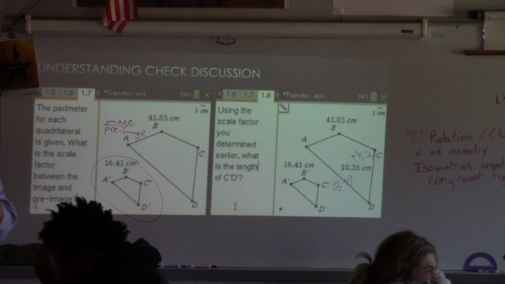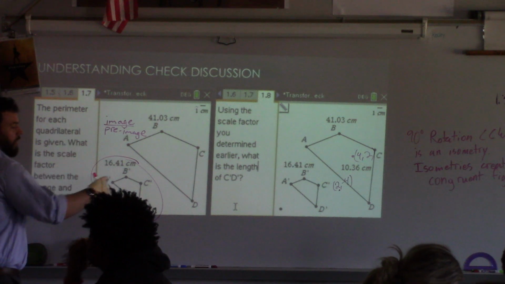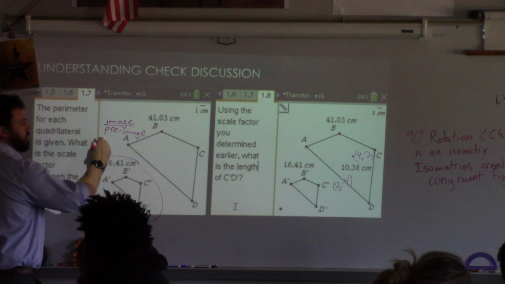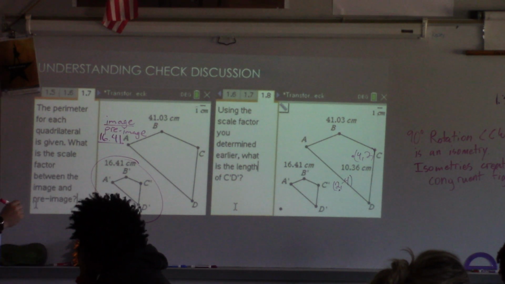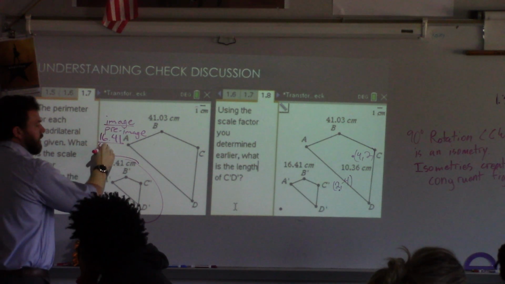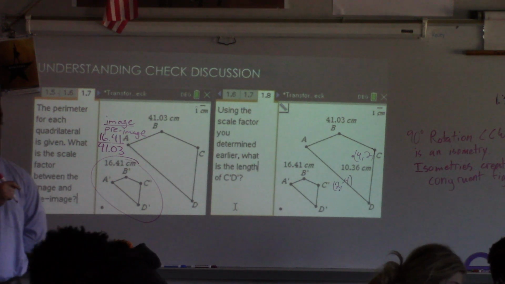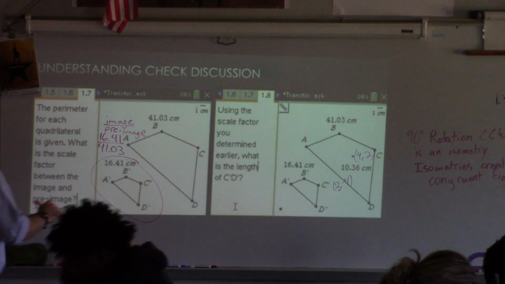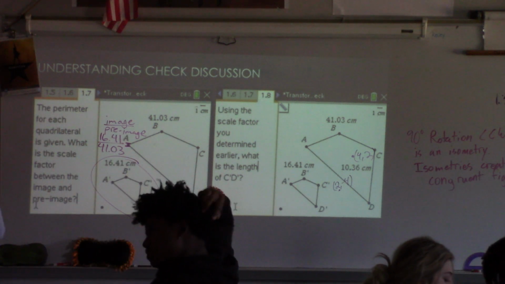When it makes it smaller, it's called a compression. But the primes very clearly tell us that this is the image. What is the pre-image? 41.03. Does anyone have any questions about why that's supposed to be the ratio? We good? Does that make sense now that we see it? Okay, so when I do that ratio, what scale factor do I get? Compression.